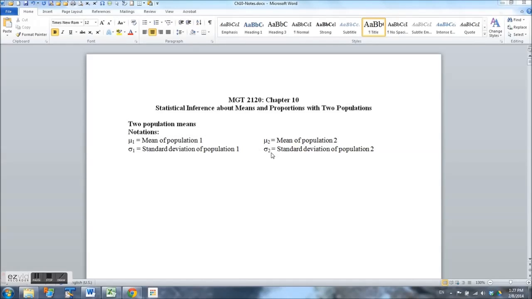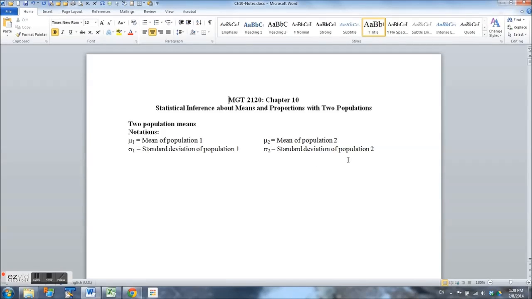And similarly we have mu sub 2 for the mean of population 2, and sigma sub 2 is the standard deviation of population 2. So obviously we will not know the values of mu sub 1, mu sub 2, sigma sub 1 or sigma sub 2, and our task is to estimate the values for mu sub 1 and mu sub 2.